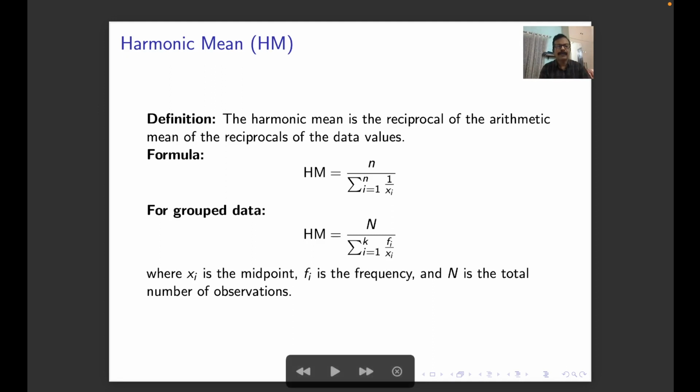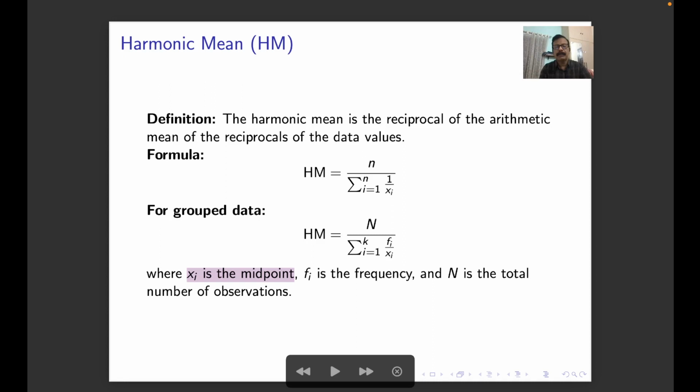And for grouped frequency data or a frequency distribution, for the harmonic mean there are frequencies. So if there are classes, you can find the midpoints. If discrete points, you have this xi as the discrete points. So xi, the midpoint or discrete, you take the reciprocal 1 by xi into fi.